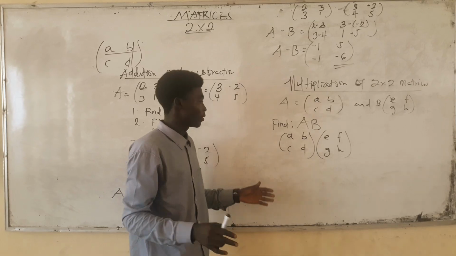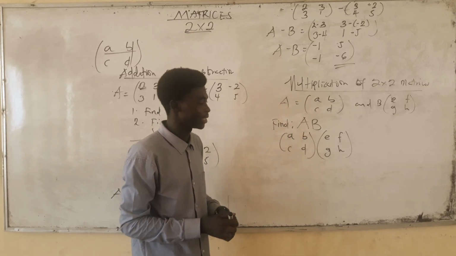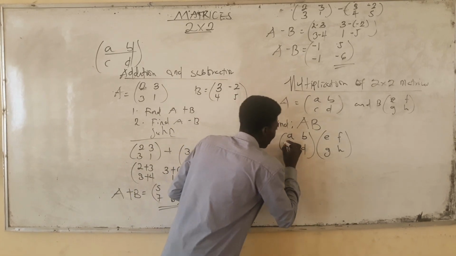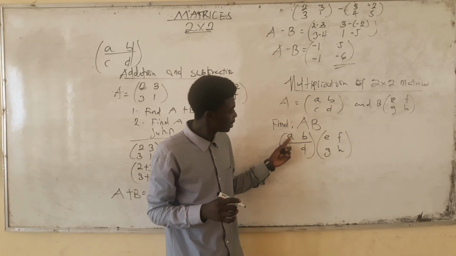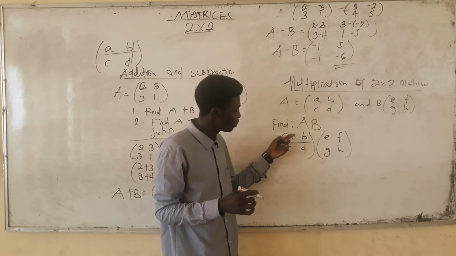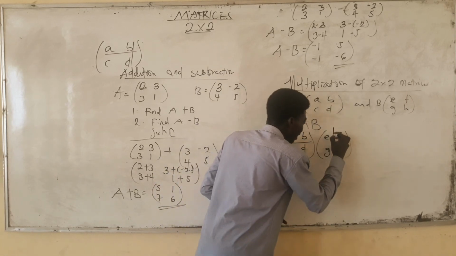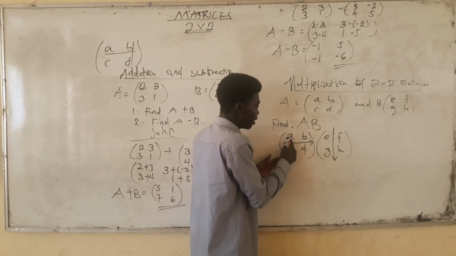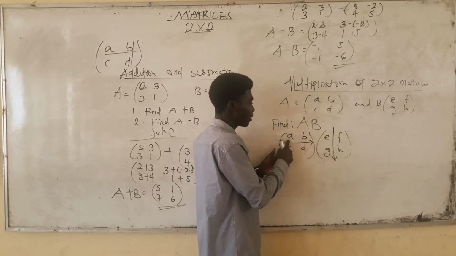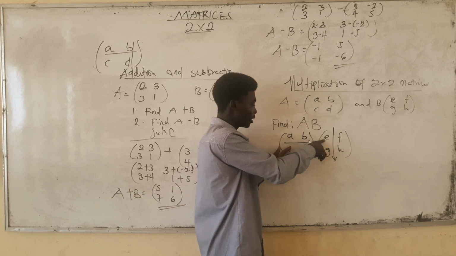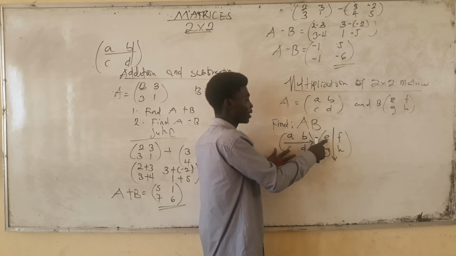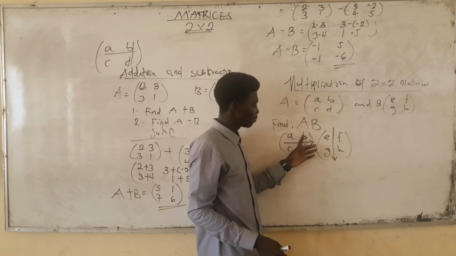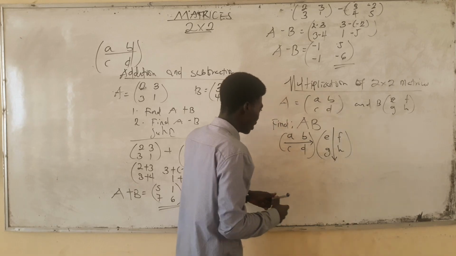Please take note that with the multiplication of 2 by 2 matrices, as you can see, the first row a, b will multiply the columns. So a will multiply e, the first position by the first position, and then b multiplies the third position.